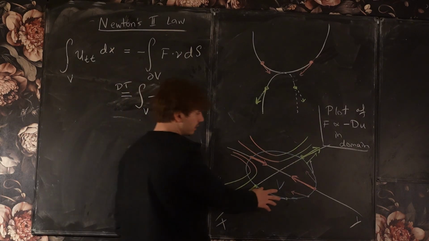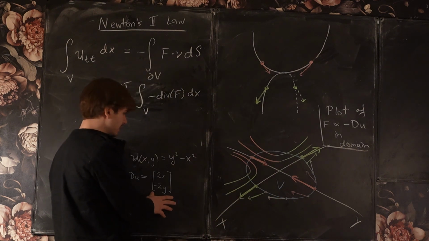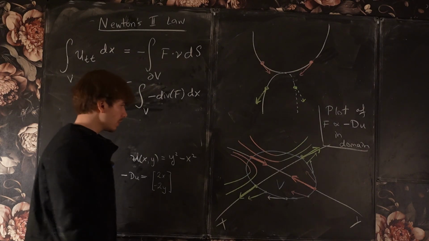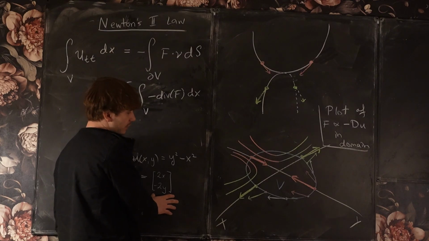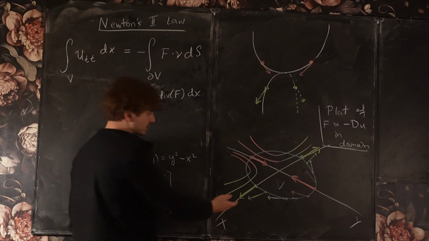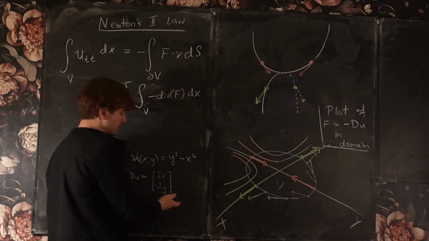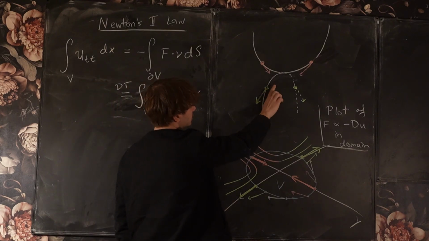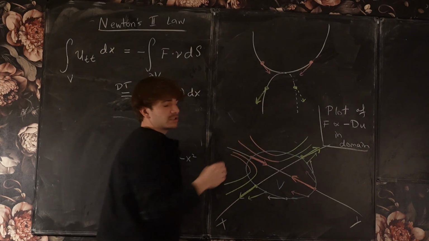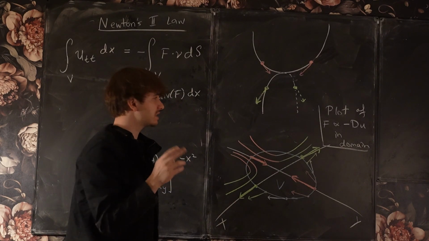If we choose V to be some circle in the xy plane, then we can plot the direction of this vector field on the boundary of this circle. And the direction of this vector field, well, it's going to be outward facing when we get to the x direction, because of course the gradient in the x direction is going to be pointed towards the direction of steepest ascent.